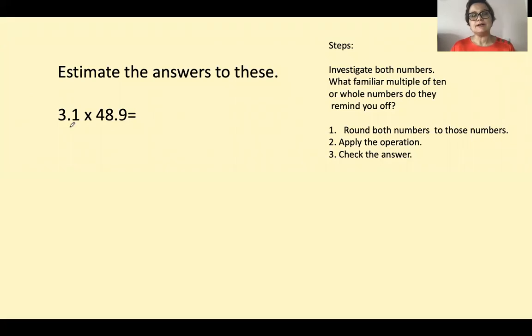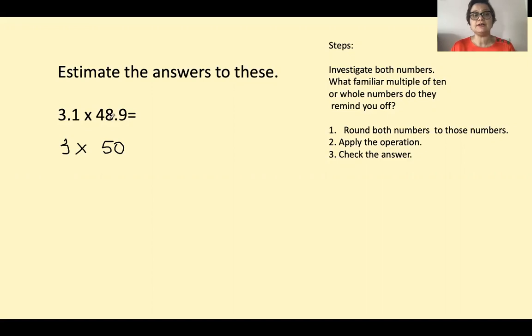Here we have a multiplication, 3.1 times 48.9. Now looking at the number, it's clear. For 3.1, I'm going to round this one to a whole number, so 3, and this one closer to the multiple of 10, so to 50. I'm going to round it up. There's no rule whether you round up or round down, but you decide.